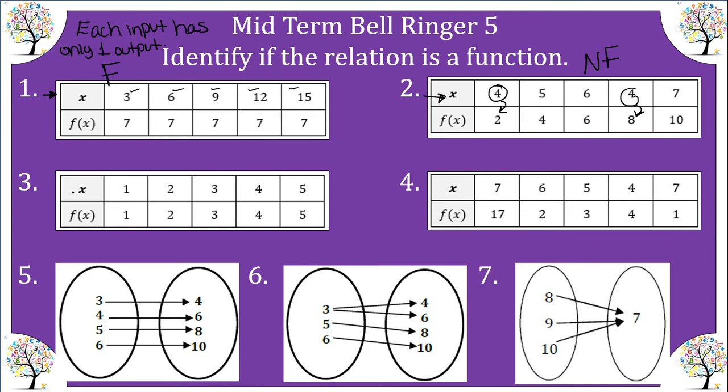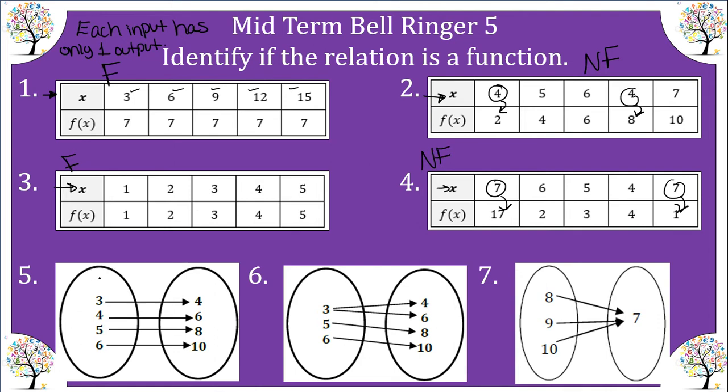Number 3, again, we are just scanning the x values and none of these repeat, so each input has its own unique output. Number 4, I can see that the 7 has 2 different outputs. It has an output of 17 and 1, so this is not a function.